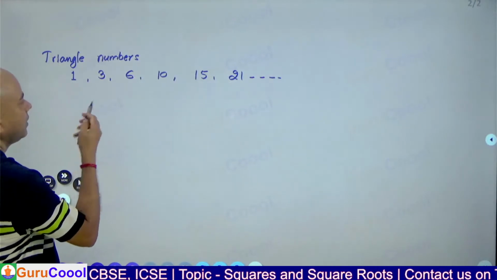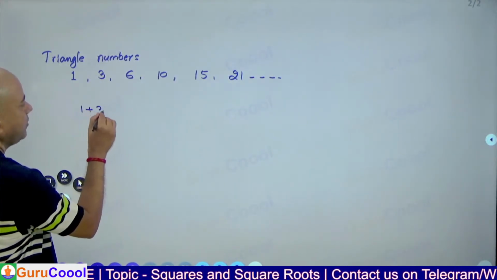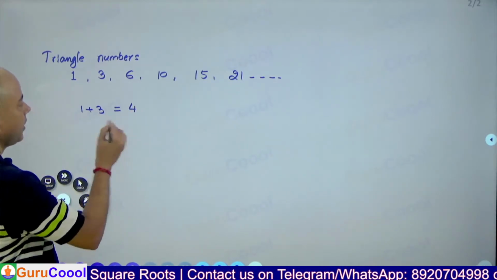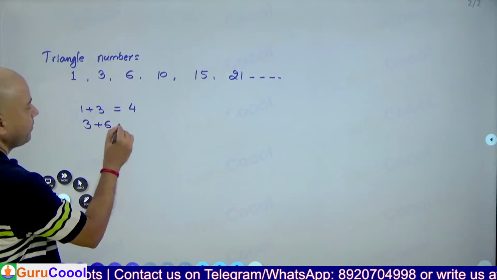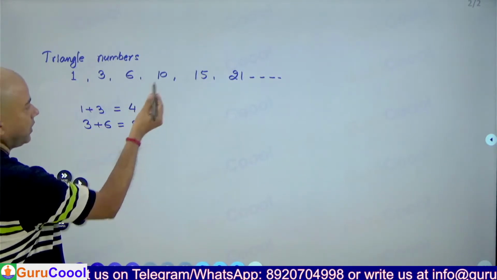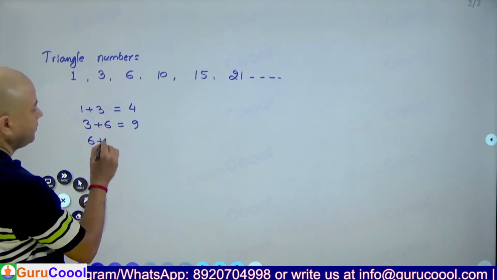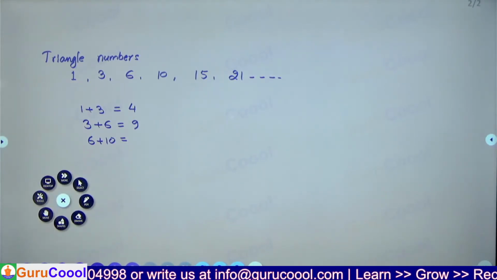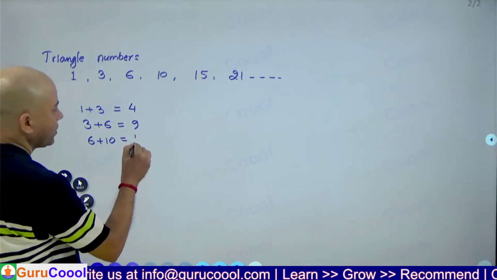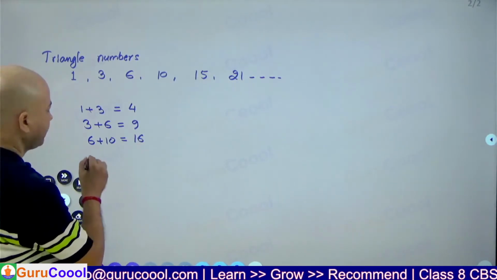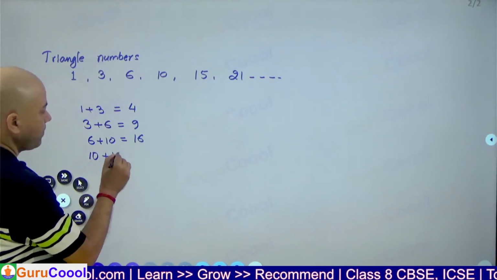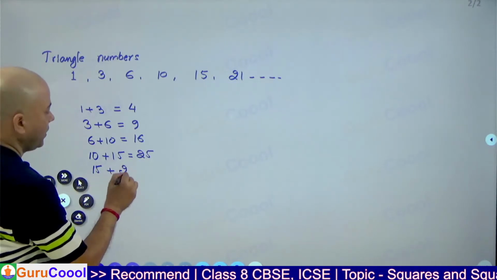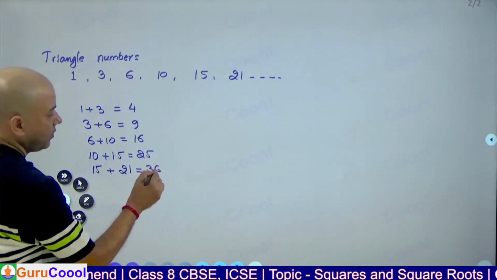See, you get 1 plus 3, it's 4, a square number. Take 3 and 6, add them, 9, square number. 6 and 10, it's 16, square number. 10 and 15, 25, square number. 15 plus 21, 36, square number.